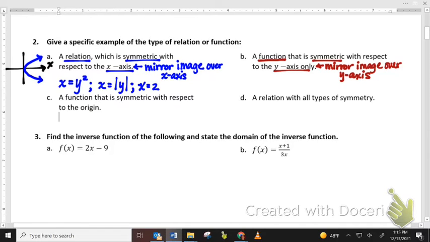So give me some things that you know of that would give me mirror images over the y-axis. Quadratic. I could have a parabola like this, right? What else could I have? I could have absolute value.